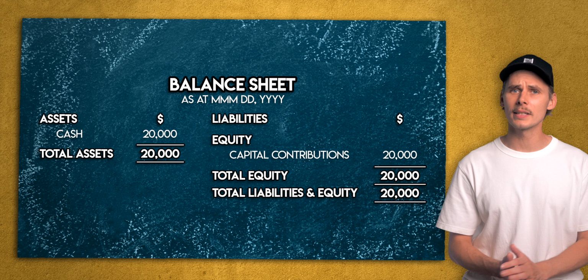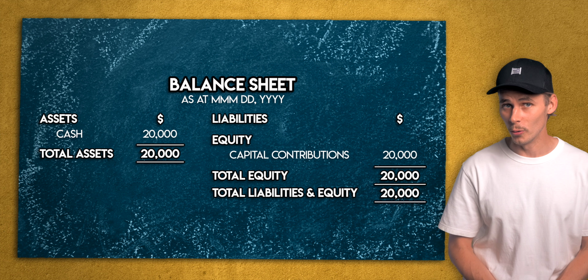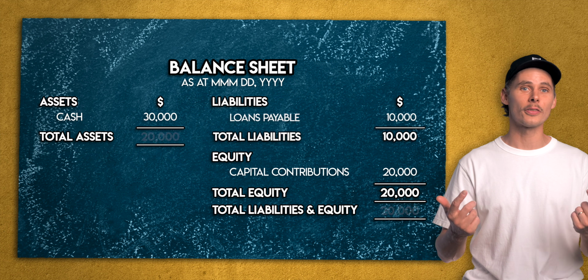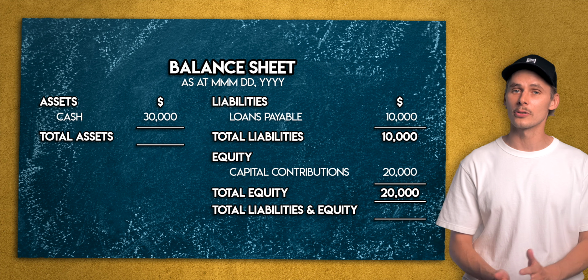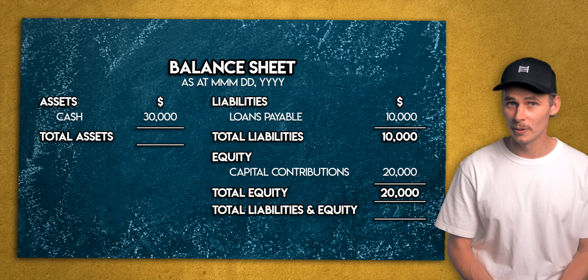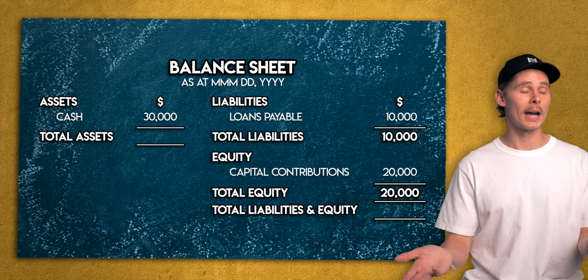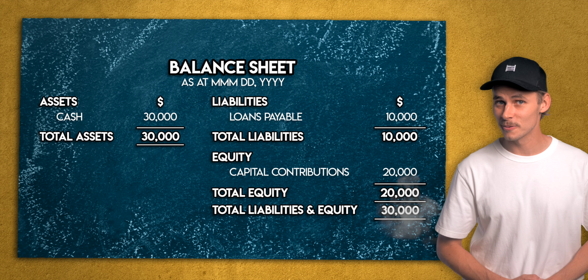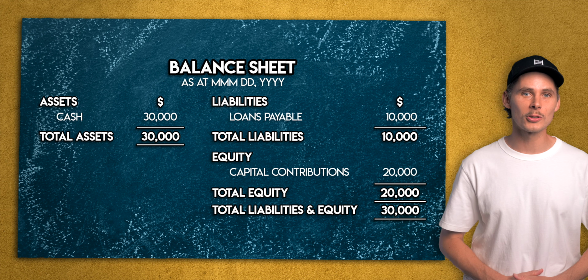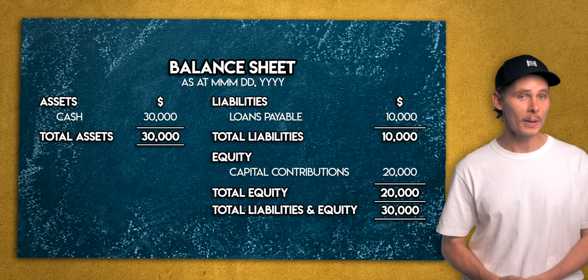Now let's say the business takes out a $10,000 loan. Its assets increase to $30,000 in cash, its liabilities increase to $10,000 in loans payable, and its equity stays the same at $20,000. We are still balanced. Next, you use $5,000 of that cash to buy some equipment.